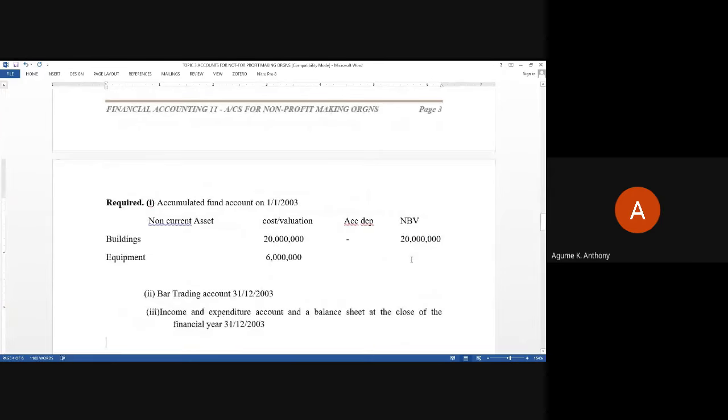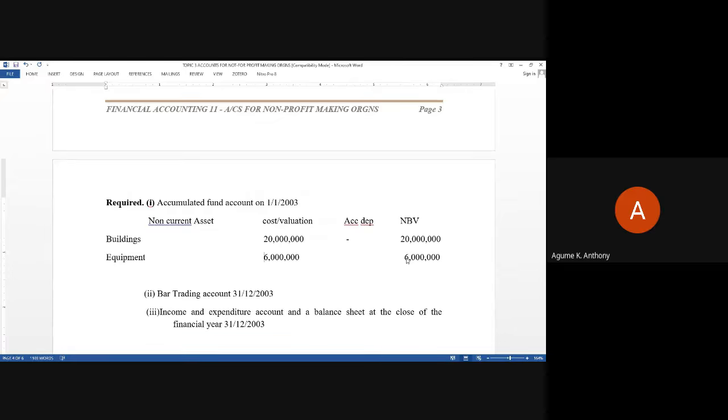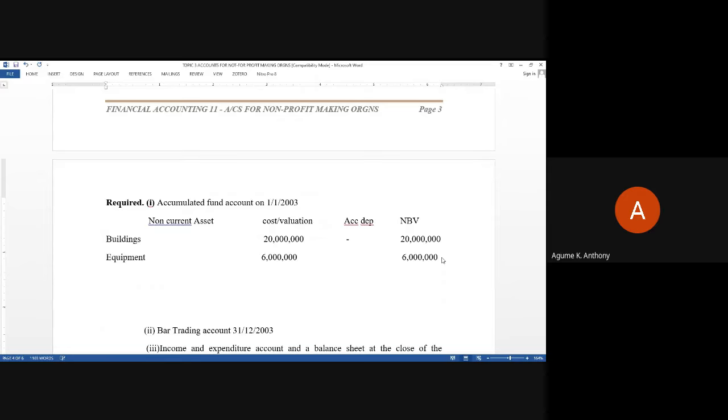So meaning that the net book value here is going to be 6 because there is no accumulated depreciation. Then from there, I go and look at current assets. Remember, I'm preparing my statement of affairs. So this is the statement of affairs.